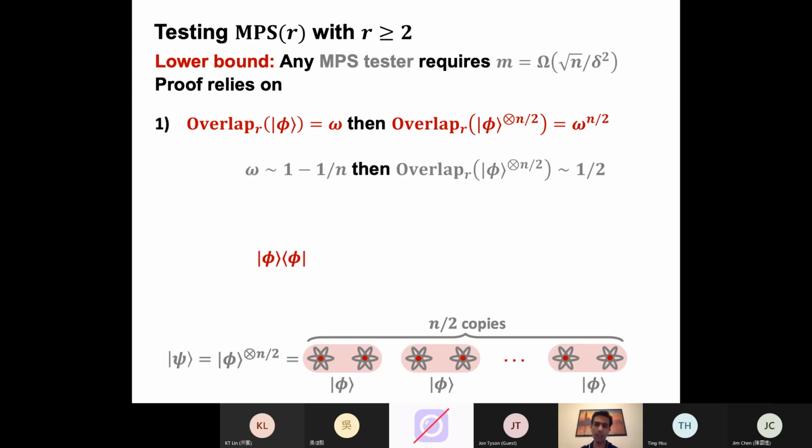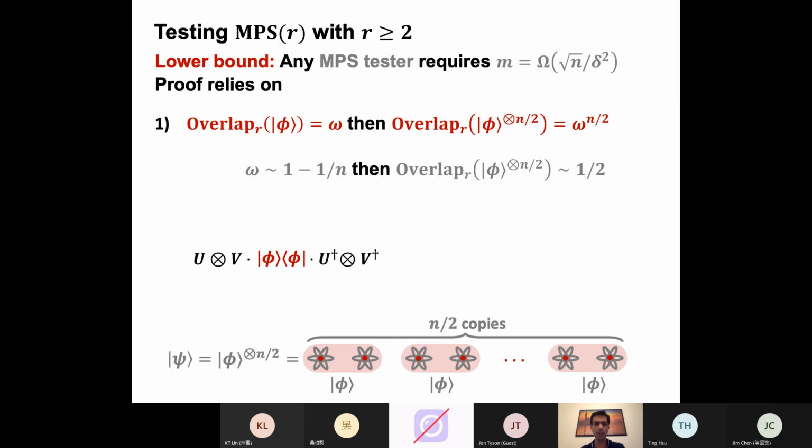Okay, now here's the trick that allows us to turn this state, which is constantly far from MPS R, into a hard instance for MPS testing. So suppose we take this bipartite state phi and apply 2 local unitaries on its qubits.